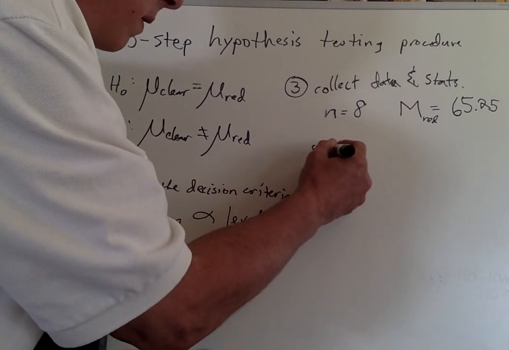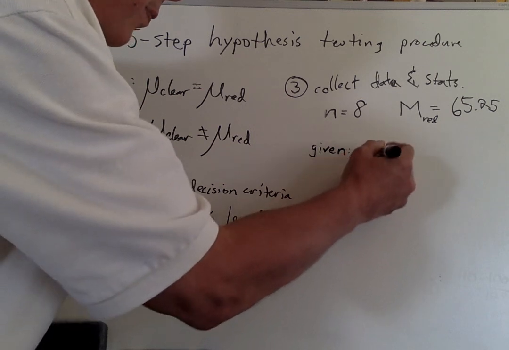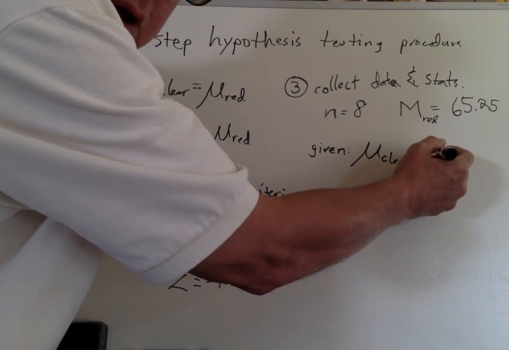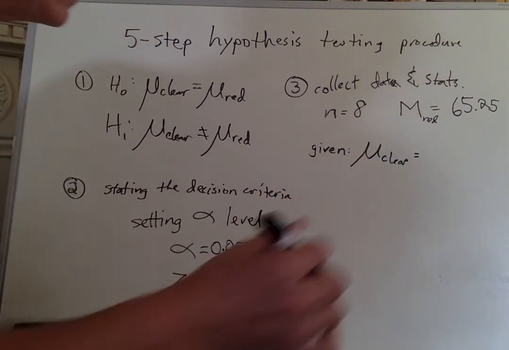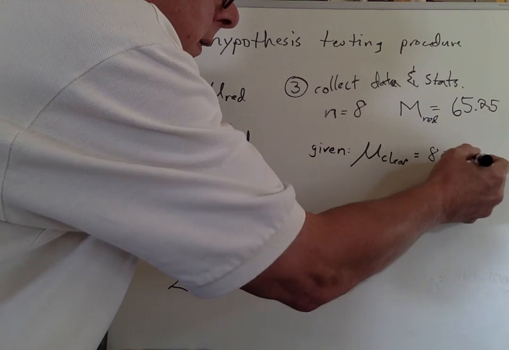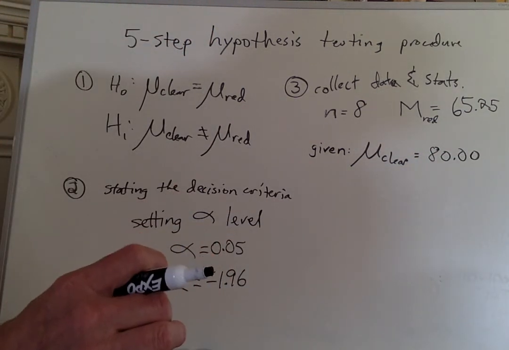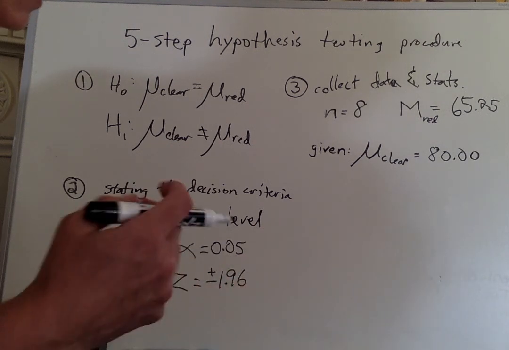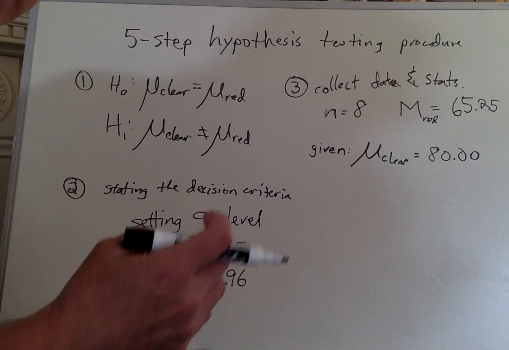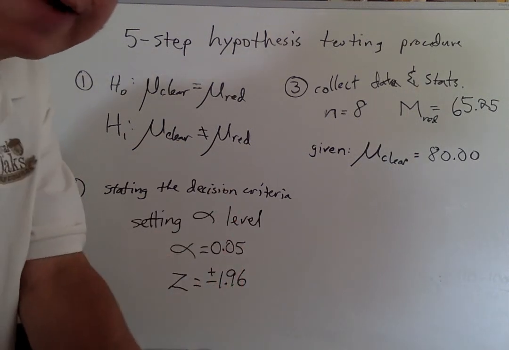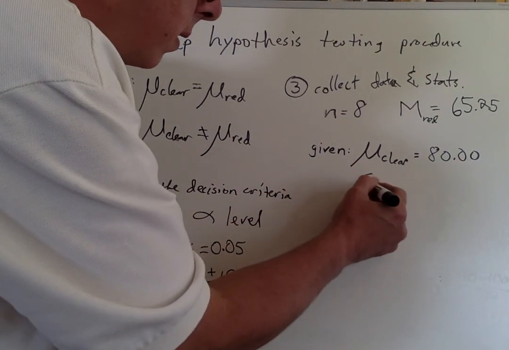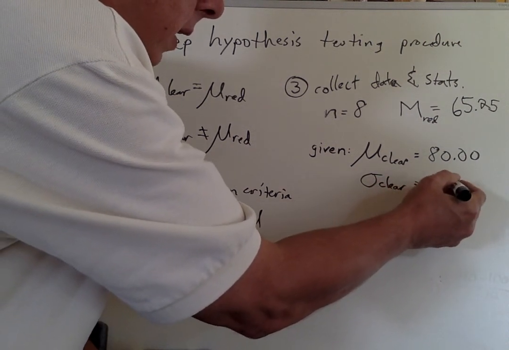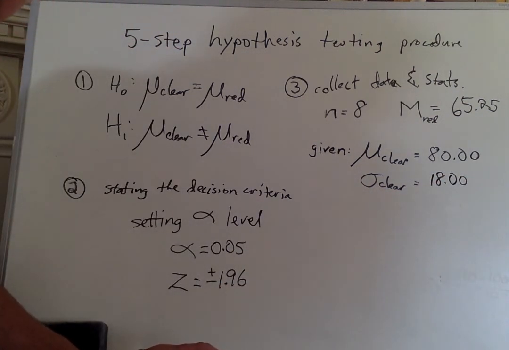Given, let's say that the mean for clear is equal to 80 millimeters on that visual analog scale. That's what we normally see for clear sucrose solution, okay? And then let's say that the normal variability is something like 18 millimeters, okay?